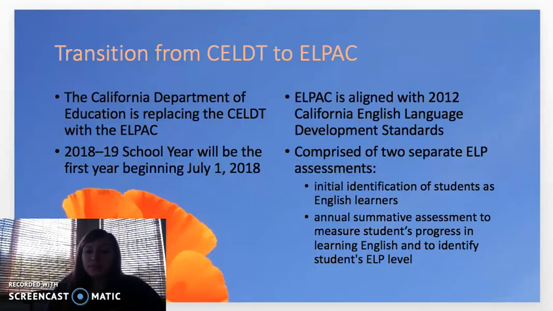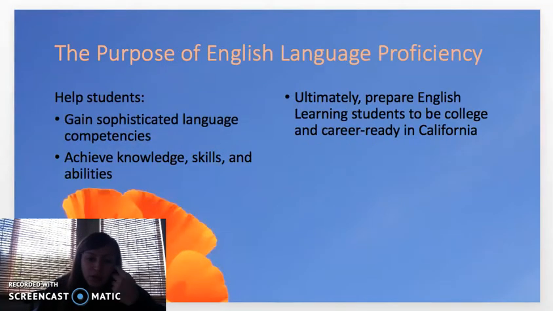and then test them annually to measure their growth, their progress, how much they understand, and what they are having troubles with. So the purpose of the English language proficiency test is to help students. It's not a test like the big standardized tests that get graded and everything.